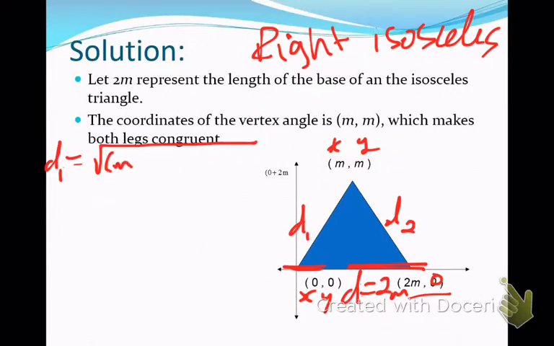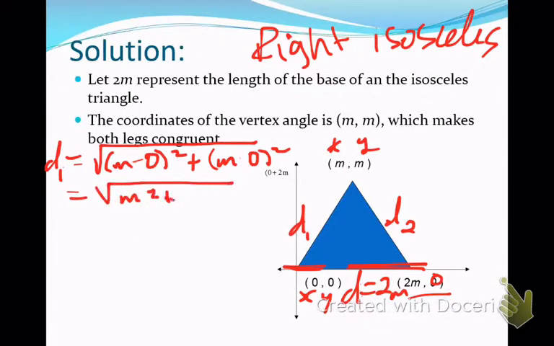So we go m minus 0 squared plus m minus 0 squared, which gets us to the square root of m squared plus m squared, which is simply the square root of 2m squared. So that's D1. Now D2.